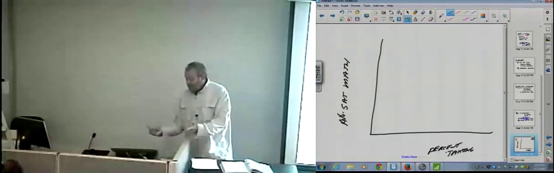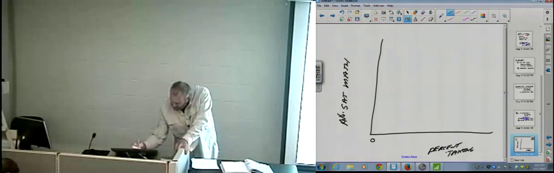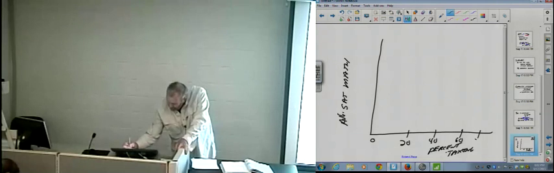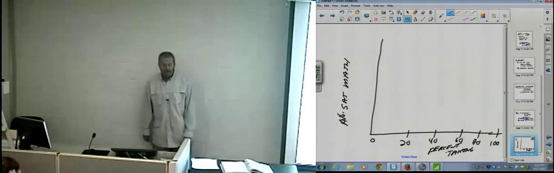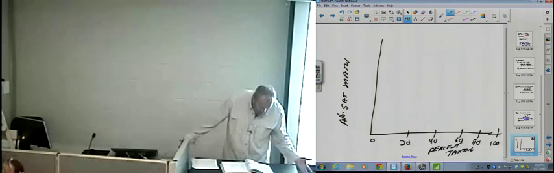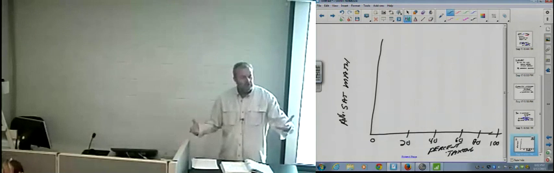Now look, I'm assuming you got it here that the percent taking is going to go from 0 to 100. Right? They could have nobody take it, or they could have all the high school students take it. And then I'm going to look at their little graph here, and you notice it looks like they start with a score of 450 as the lowest average SAT math score for a state.